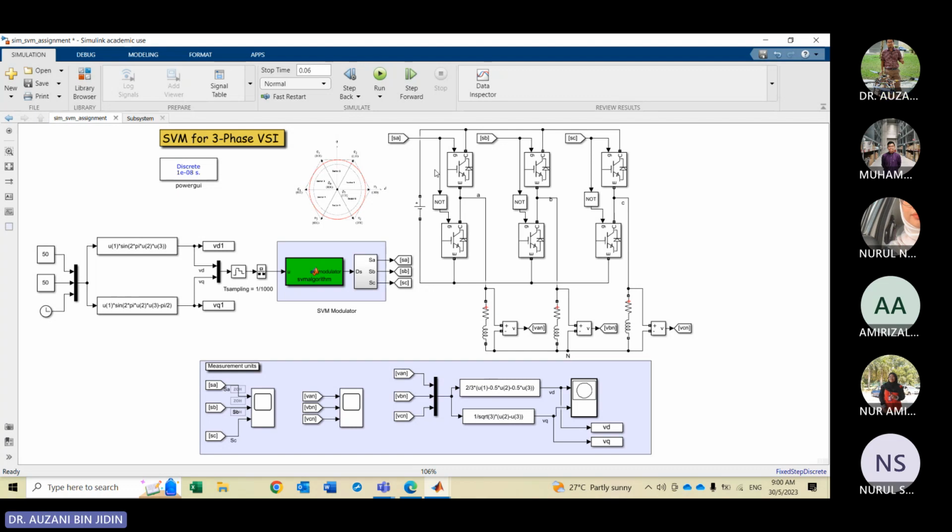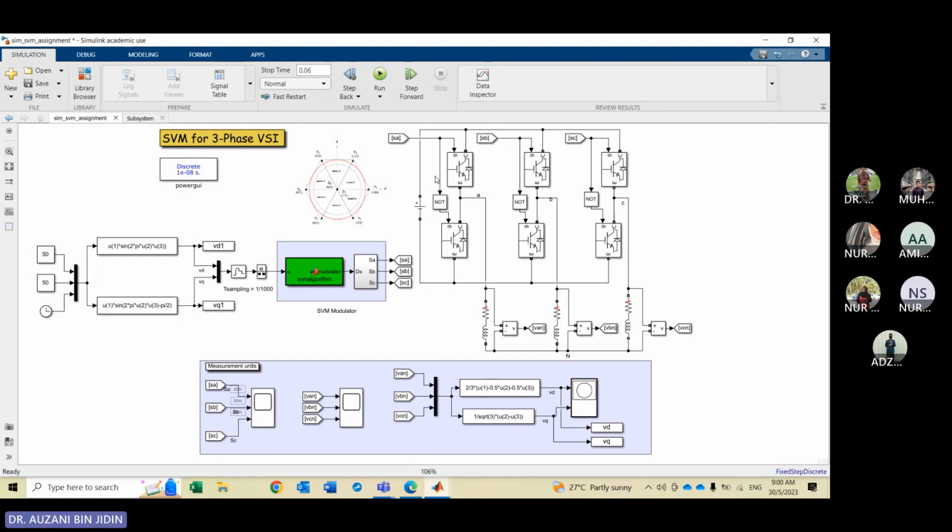Dah on dah empty. You can refer to the video. Saya dah on empty. Okay, so please copy the inverter circuit from the original circuit given in MTIM.